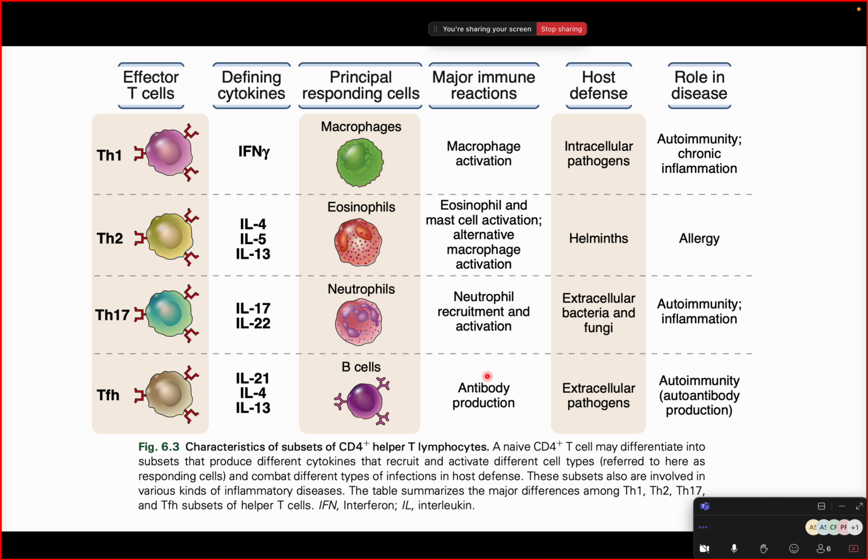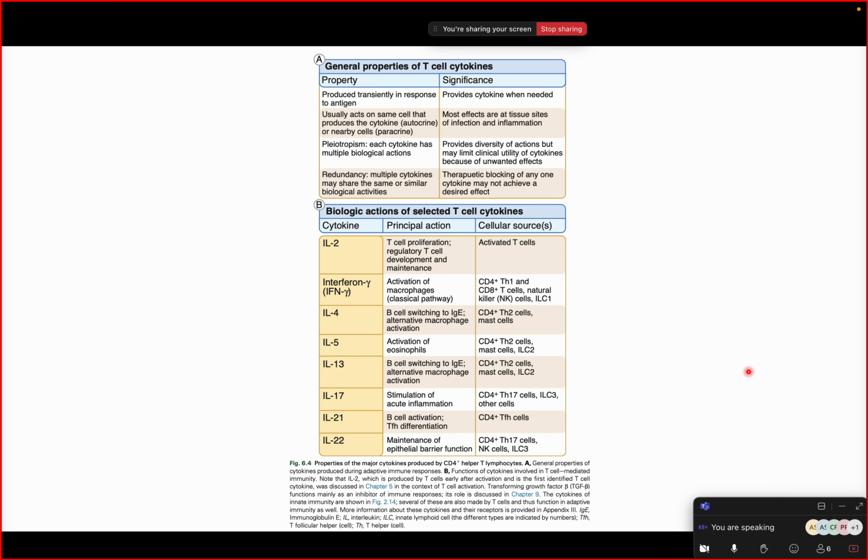So wherever there is a B cell taking help from the cell mediated immunity, the CD4 positive T cell, the majority of that T helper cell will be of type TFH. Okay, and the diseases where they play a major role are autoimmunity or autoantibody production. Okay, so there is a very close knit control between all these helper T cells, right?